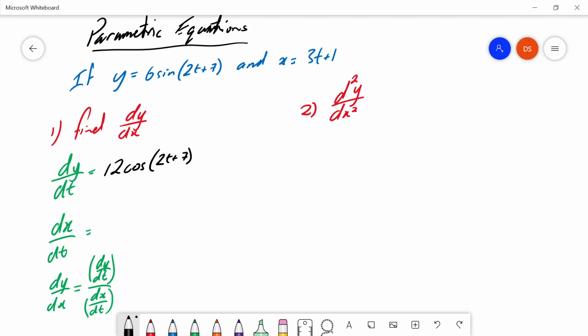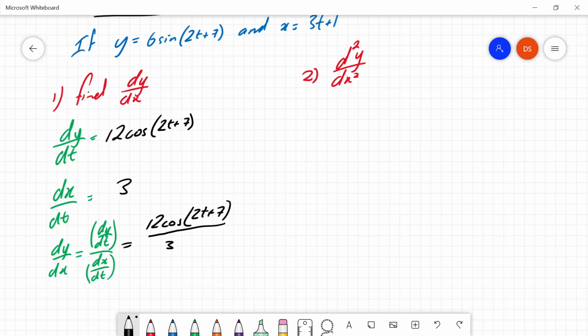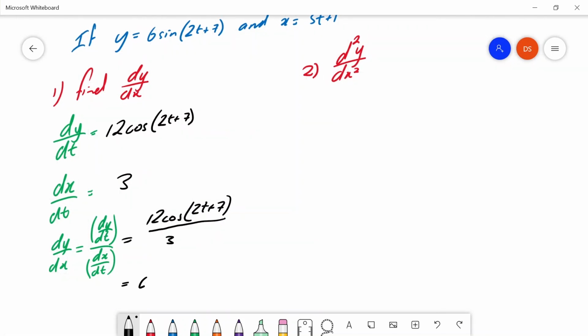The derivative of 3t plus 1 is 3. So the derivative altogether is 12 cosine (2t plus 7) over 3, which is nice and simplifies to 4 cosine (2t plus 7).